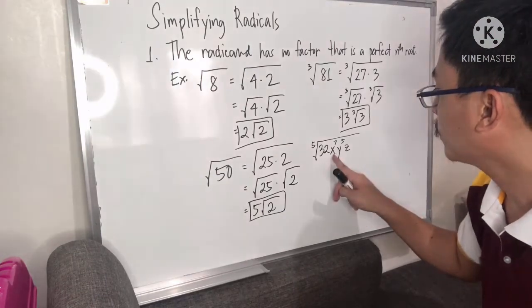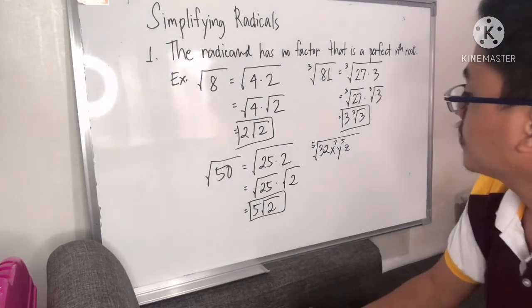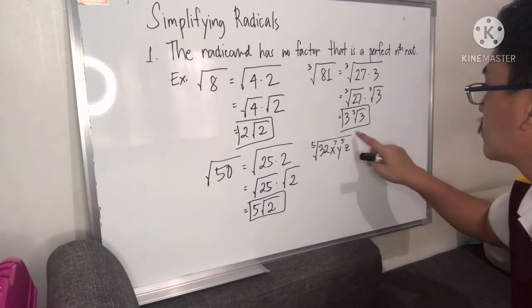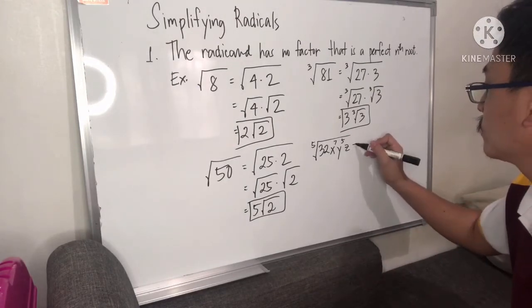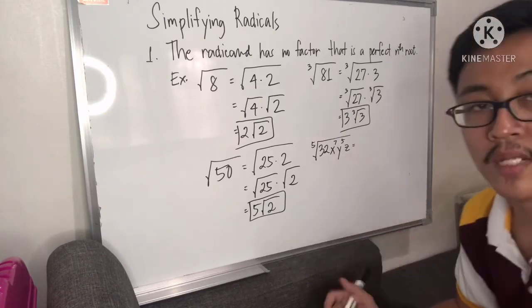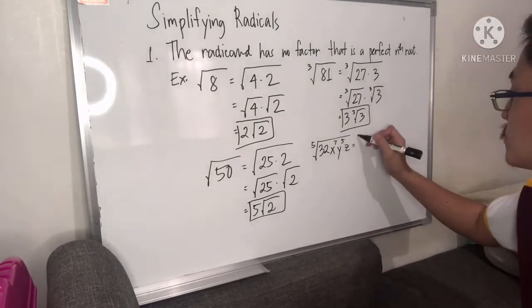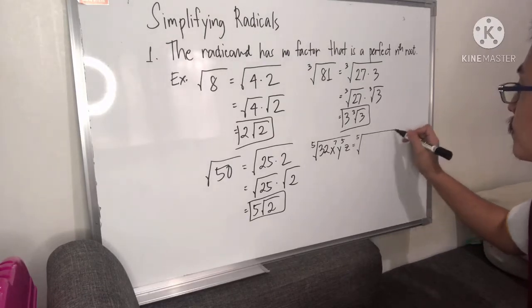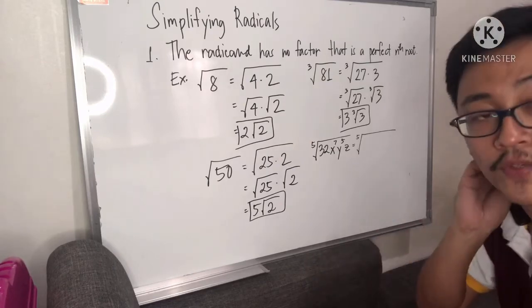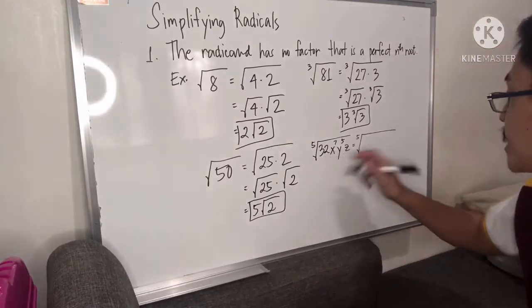But we're going to look at the variables. So, what we're going to do is to factor out this given expression. So, you have the fifth root of yung first factor, lahat ng perfect fifth roots. So, kasama yung 32 doon.